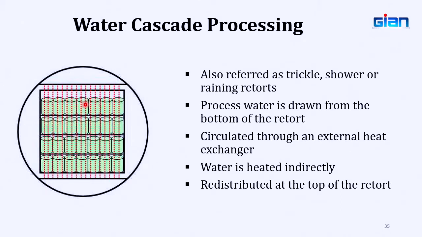So for example, if it is 120 degrees C, and the cold water falls, it will become 110. The cold water, when it is falling here, is, let's say, 10 degrees. But when it is coming here, it is maybe 50 degrees, right?